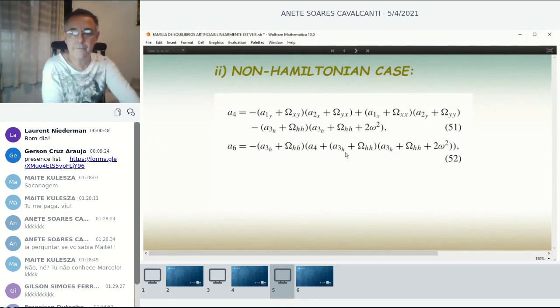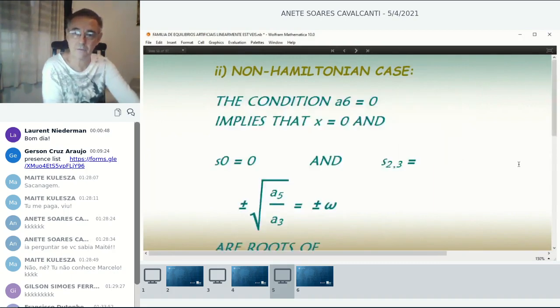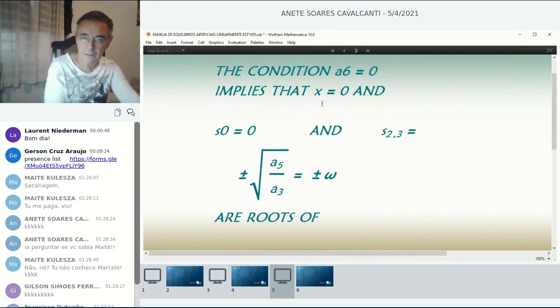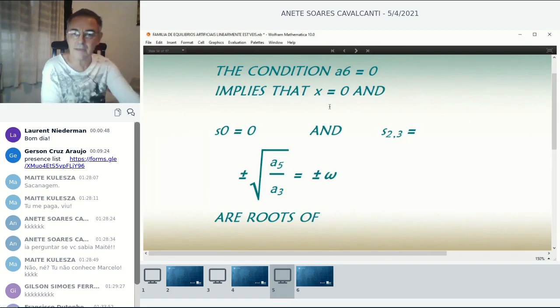And inside A4 here, there's an expression using part of A6, so A4 will be simplified a lot also. That's what I just said here. When A6 is equal to 0, this implies x equals to 0.